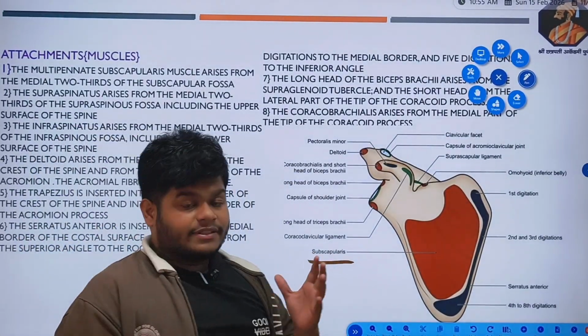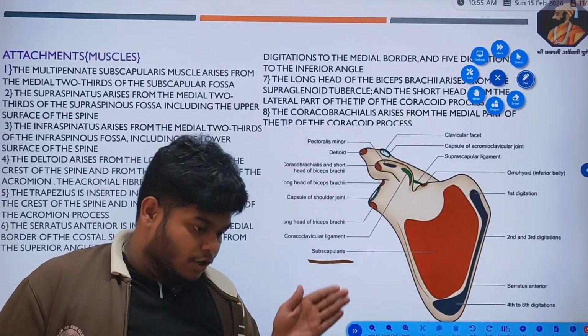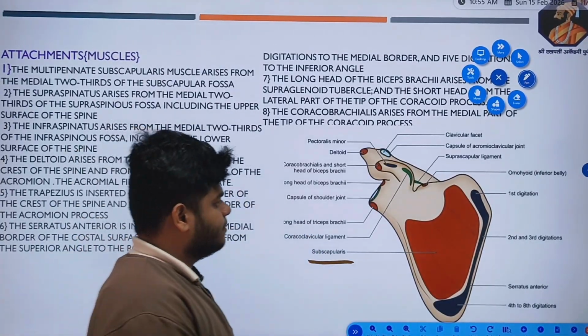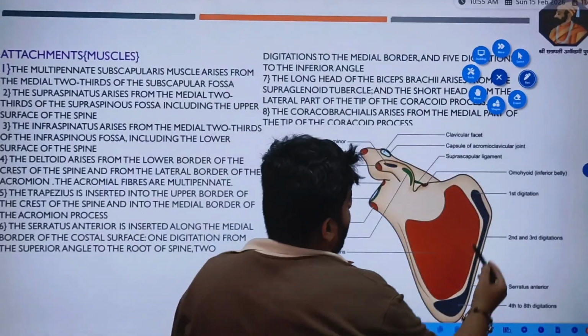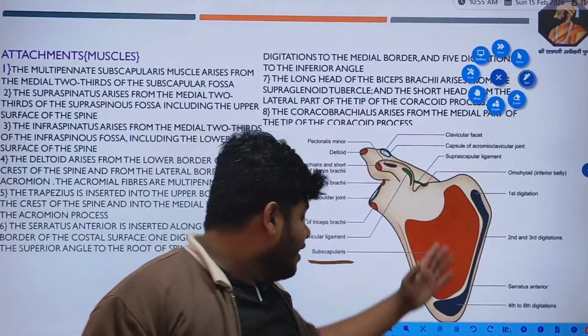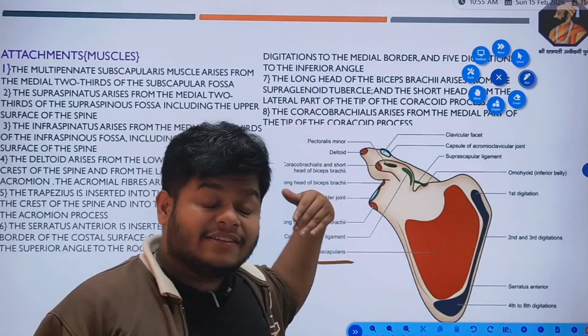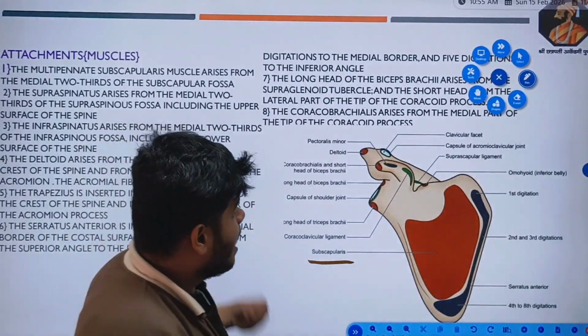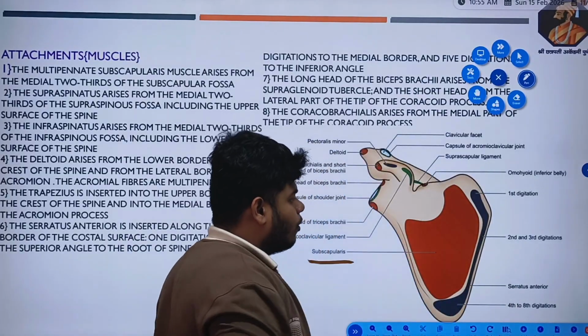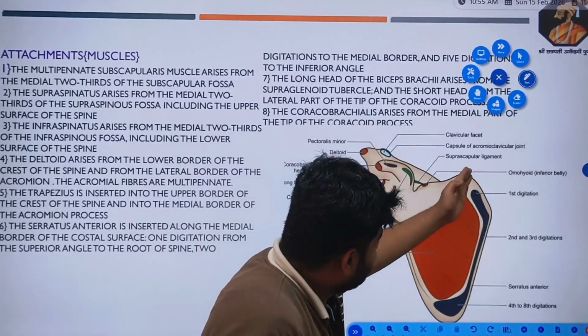Sub means below, so it is the subscapularis muscle. Here at the medial part, always remember, in the scapula the middle part has origin, the medial part has insertion only, blue color, it is insertion.